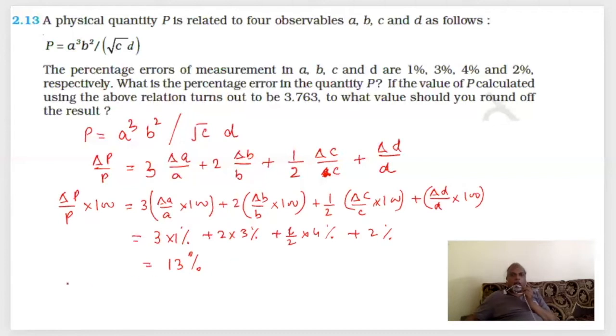Now they are saying that suppose P is 3.763.